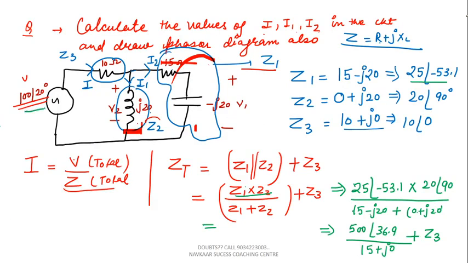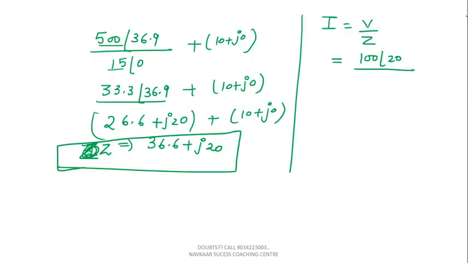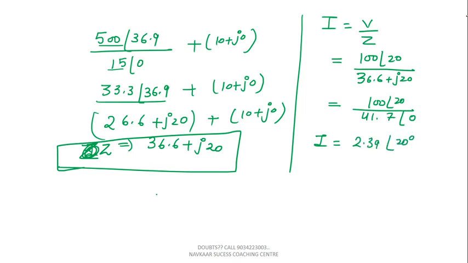Z we calculated, that is 36.6 plus J20. Again we convert it into polar form, 41.7 angle 0. Solving this, I would be 2.39 angle 20 degree.